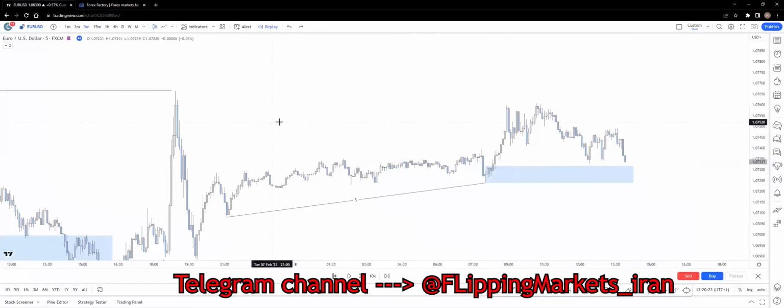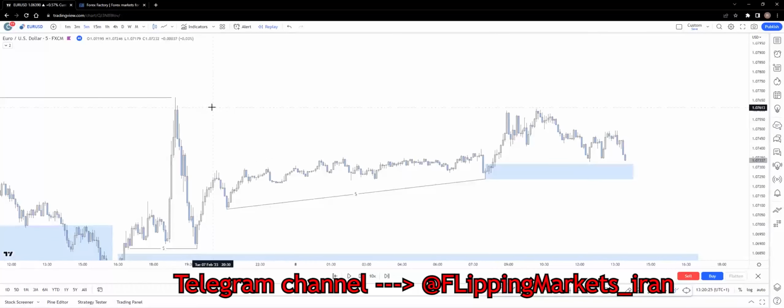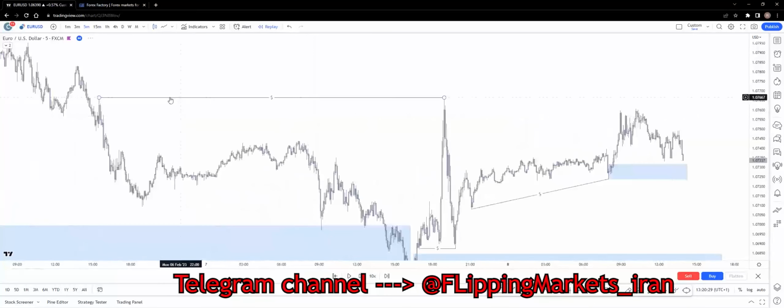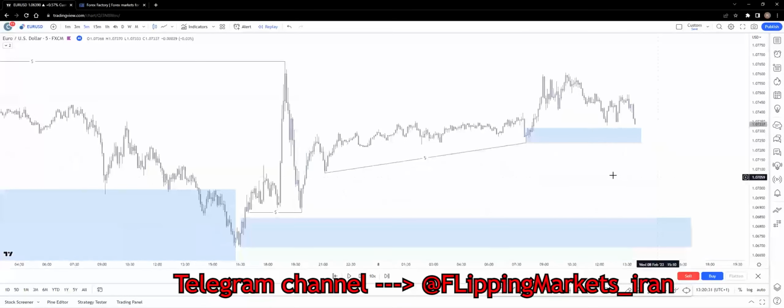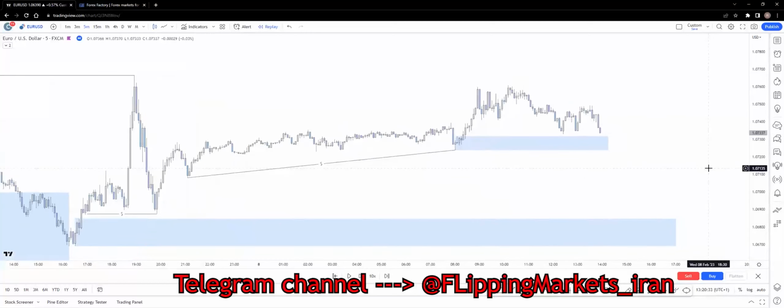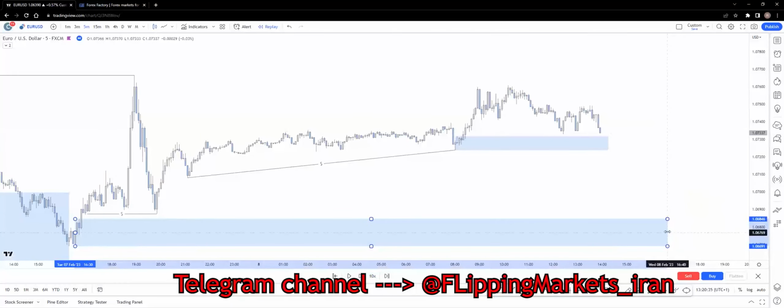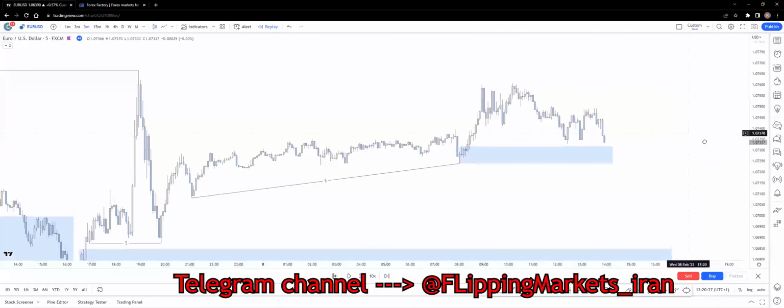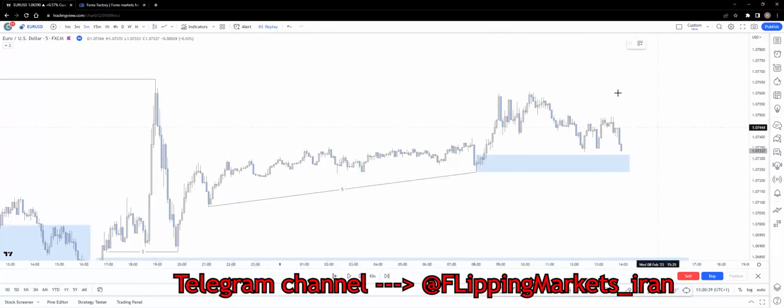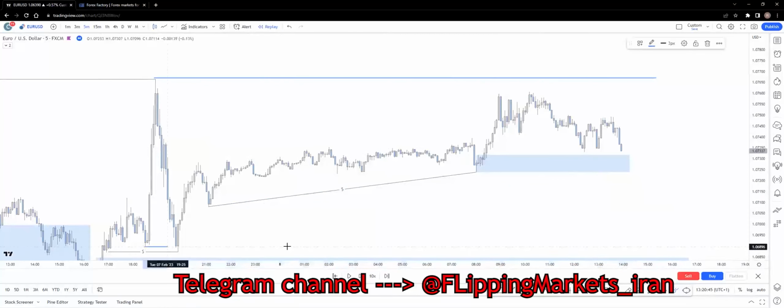And actually, technically the 15-minute and the 5-minute are exactly the same. The 15-minute is doing substructural movements, so technically it's not really necessary to look at the 5-minute time frame because this is just noise. This is technically just liquidity for the future movements, and this is the structural high and this is the structural low point.